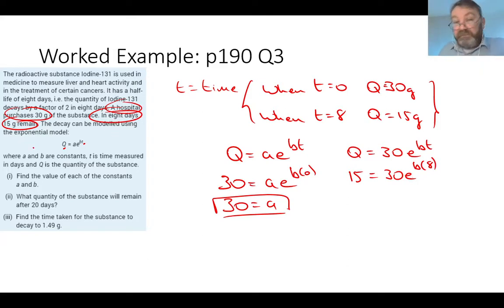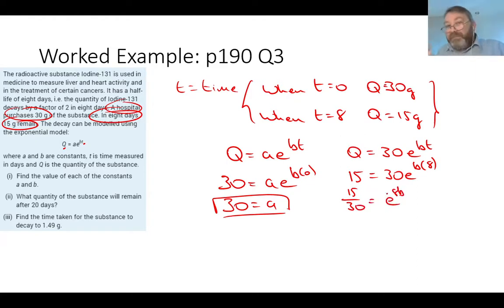In 8 days, 15 grams remain. Now, let's divide. I want to get the value of B, and B is stuck in an index. If B is part of your index, you're going to be using logs to clear the base of that index. So if you want to get rid of a base, you bring in a log. Okay, there's the rule. So let's divide across first of all by 30. 15 over 30 is equal to e to the 8b.